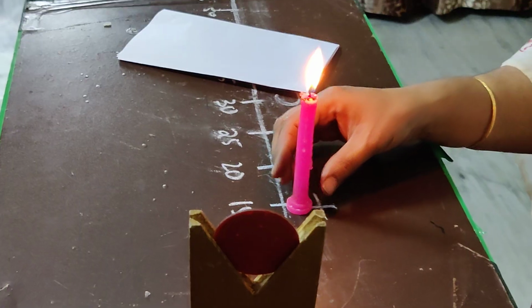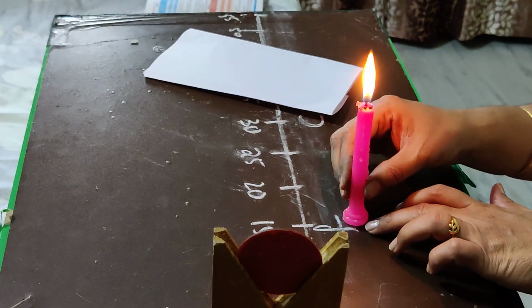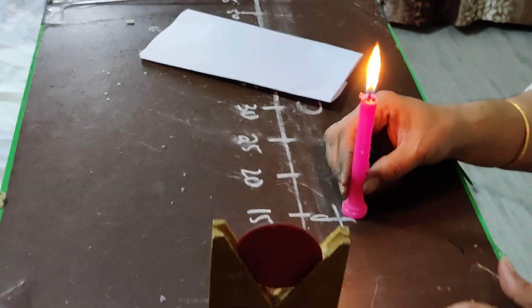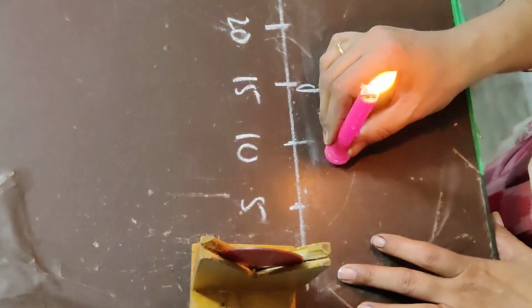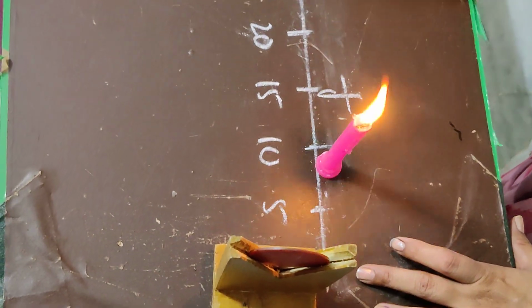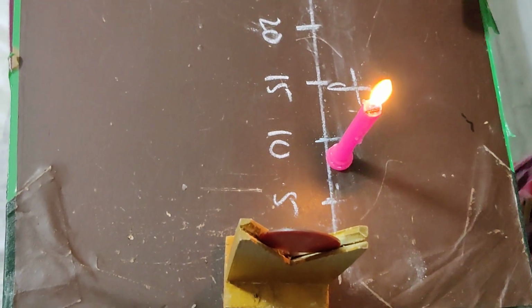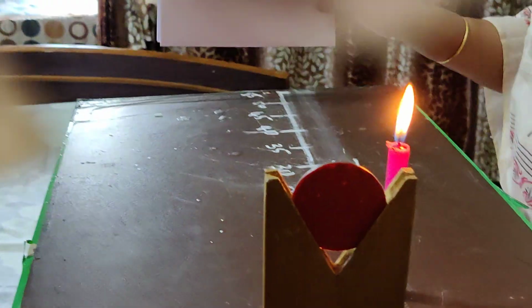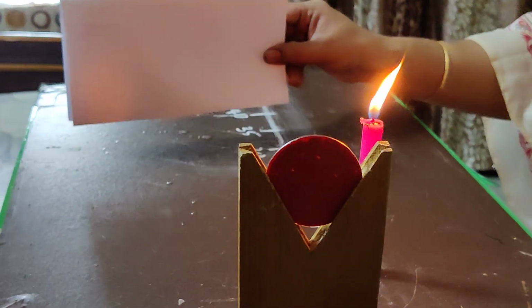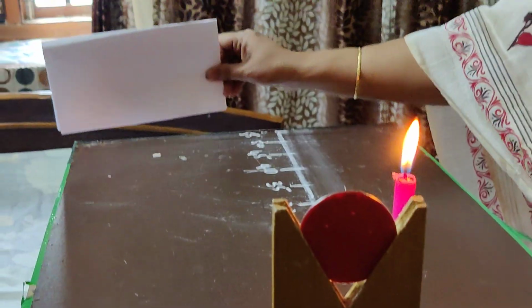If we change this position of this candle from F to in between pole and F, somewhere here at 7 centimeters, what type of image we get? Sometimes we cannot get the image, that you cannot catch the image on the screen.